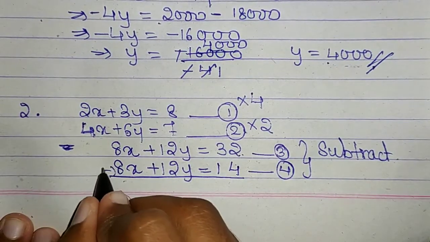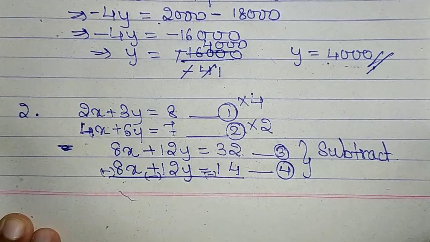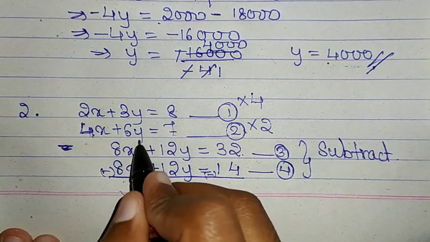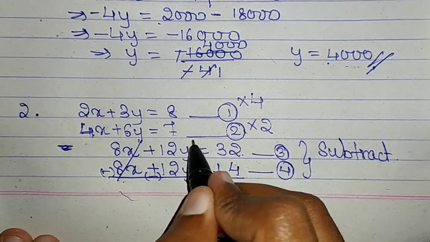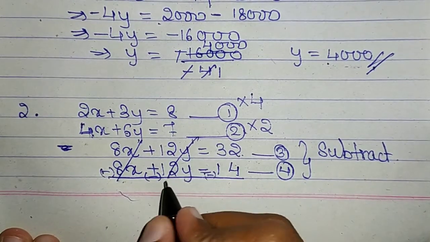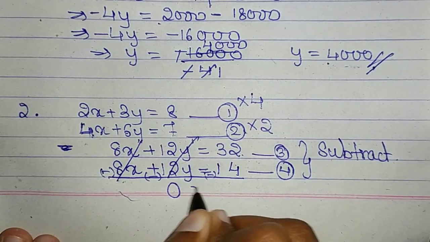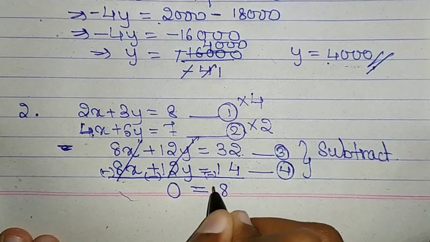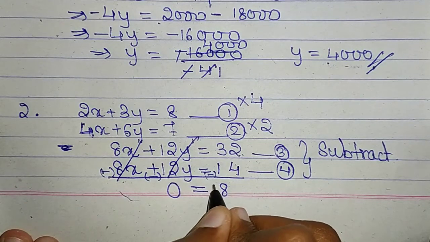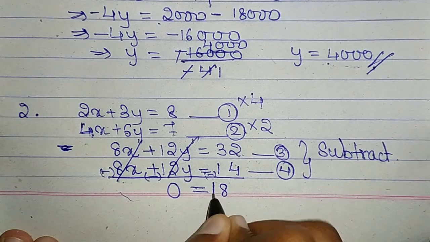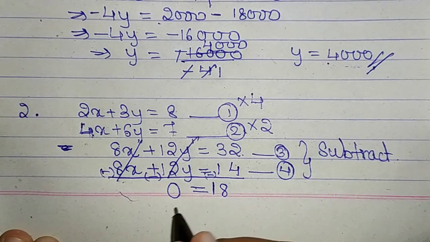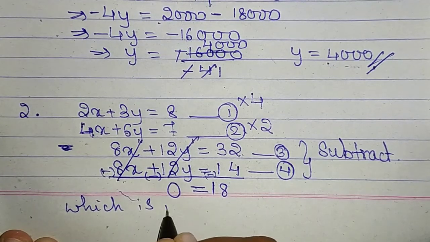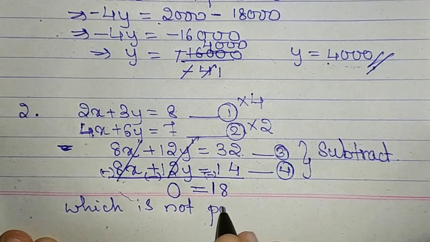We'll get, first the signs will change, plus will become minus and minus will become plus. Here everything is plus, so everything will be minus. 8x minus 8x cancels out. 12y minus 12y cancels out each other, so 0 is equal to 32 minus 14, which is 18, which is not possible.